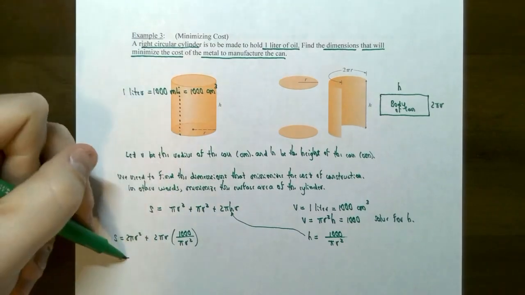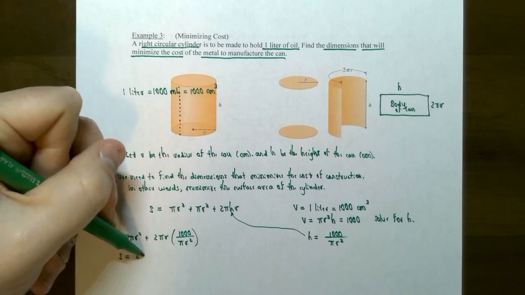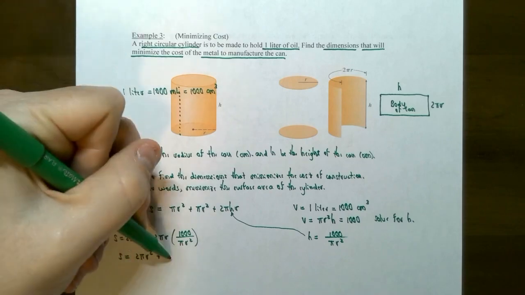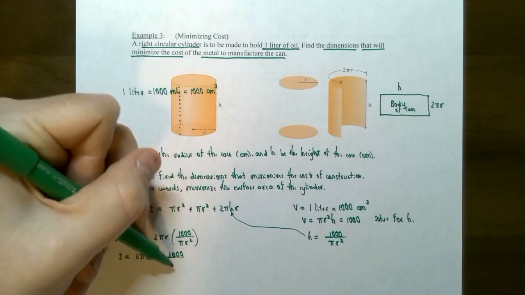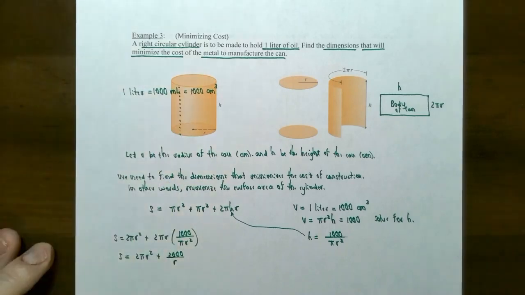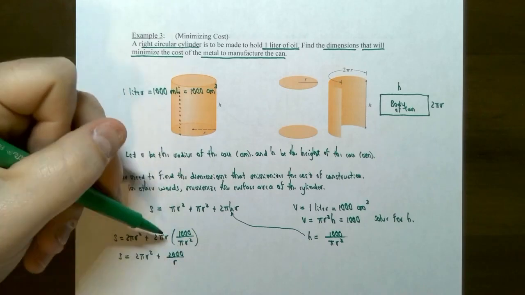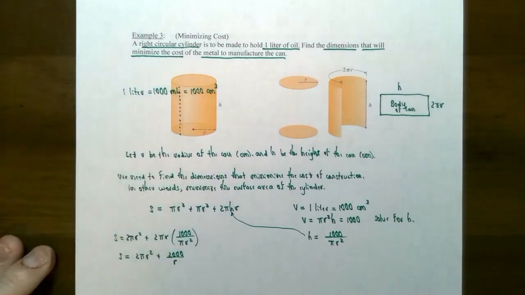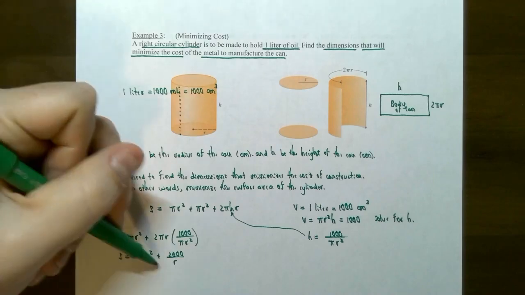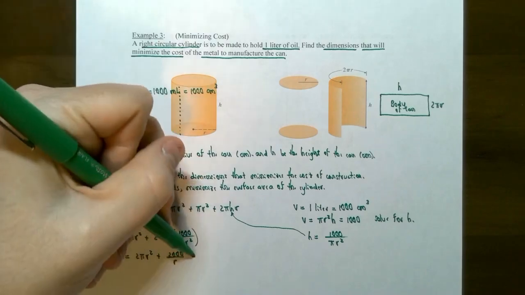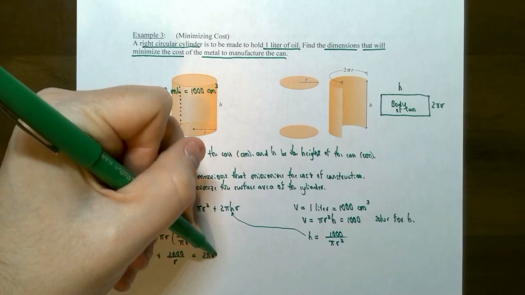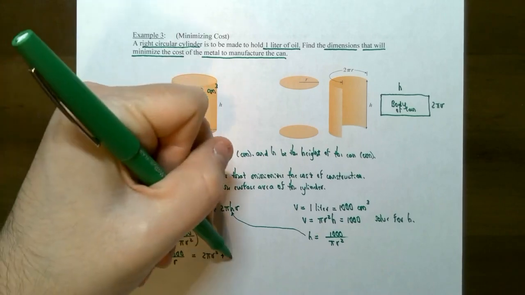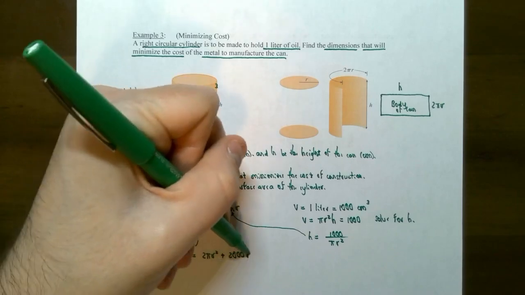Which, if we simplify before we take the derivative, is 2 pi r squared plus 2,000 divided by r, after the pi cancels out and one of the r's cancels out. So now the surface area is in terms of only one variable, and I'm going to rewrite this so I can take the derivative a little bit more easily. So 2 pi r squared plus 2,000 r to the negative first power.